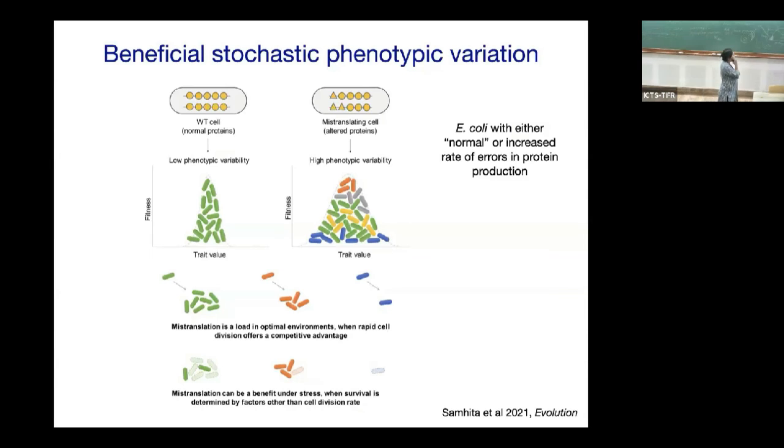And what we found then is that mistranslation is deleterious in optimal environments. So if you grow them in nice, rich media, these strains don't grow as fast. They make more mistakes, they produce less functional protein, they start translation at random places and so on. Not entirely random, but not at the right place. But if you have a stressful environment, such as some antibiotics, the mistranslating cells actually perform better.